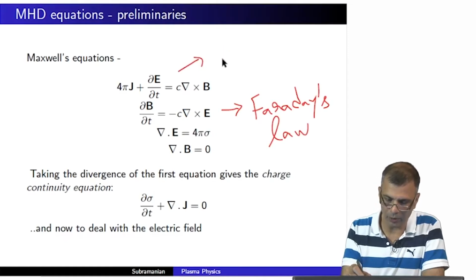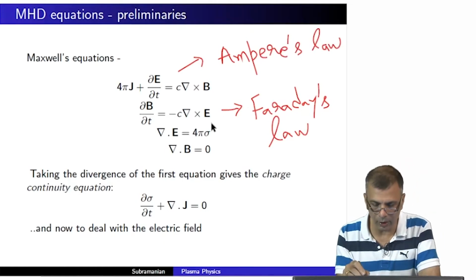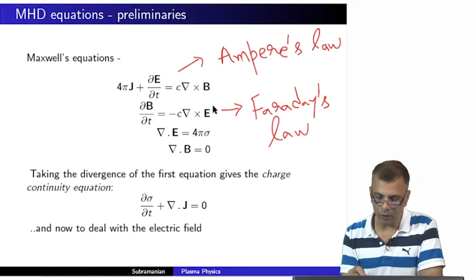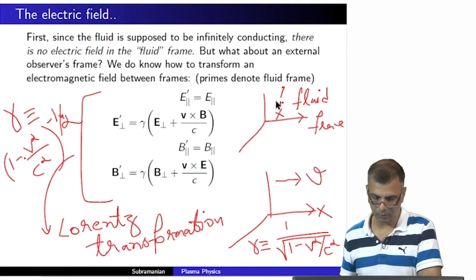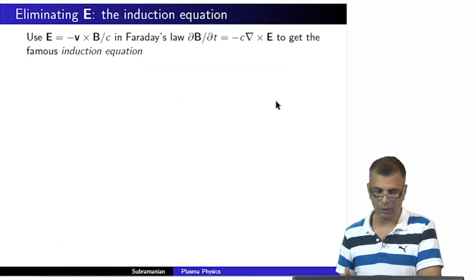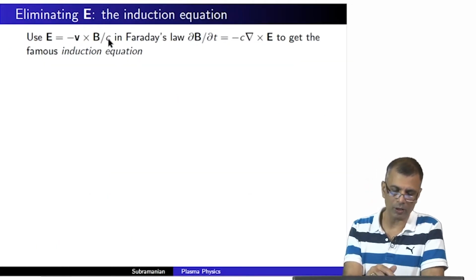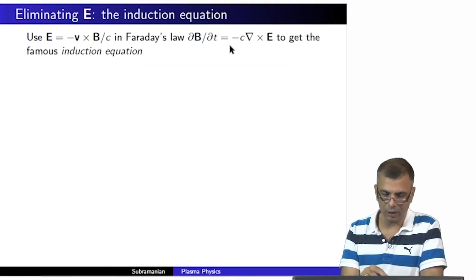And this is Ampere's law. Right. So what we are going to do now is substitute for the E that we found inside Faraday's law. Okay. So we are going to use E equals minus V cross B over C in Faraday's law, right.